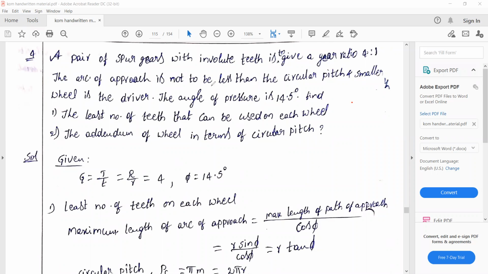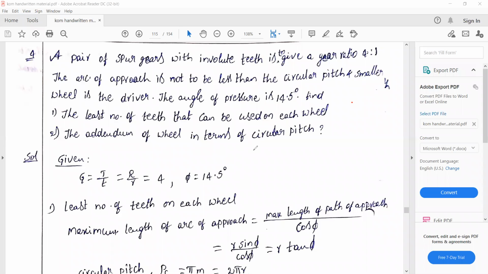You should identify the unknowns on the basis of the conditions, so at that time you should recall those condition-oriented formulas. What is the formula for circular pitch and what is the formula for arc of approach?